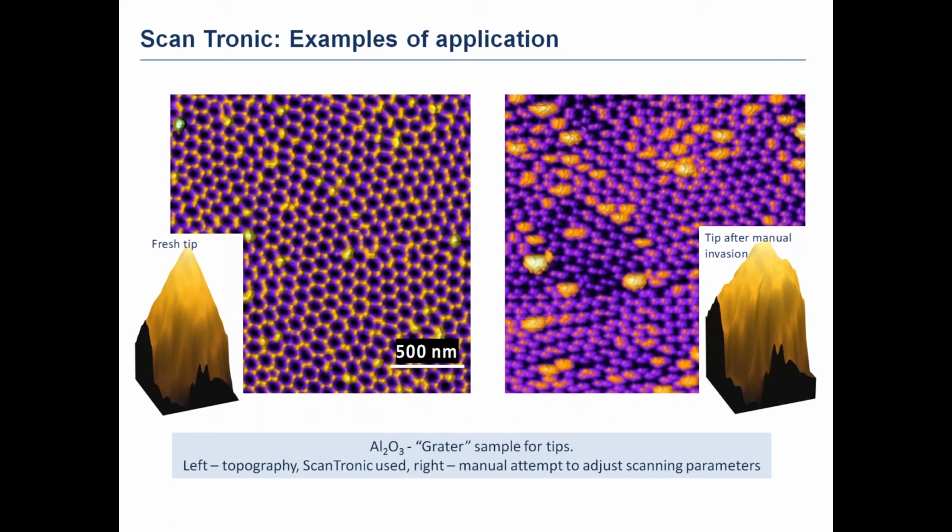So ScanTronic is a technology that greatly simplifies and automates the adjustment of optimal scanning parameters in the most common mode of AFM, making, as we hope, AFM technology much more interesting and much more widely spread in the community.